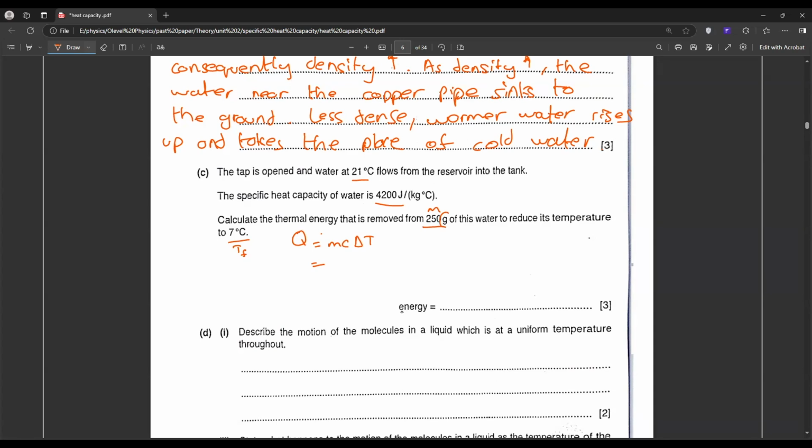Now, can you see this is in grams, this is in kg? So, you will have to convert the mass into kgs. 0.25 into specific heat capacity, that is 4200. What is the change in temperature? 21 minus 7, that is 14. What does your answer come out to be? 0.25 into 4200 into 14. This gives you an answer of 14700 joules.